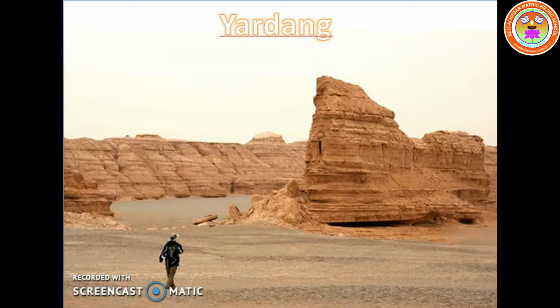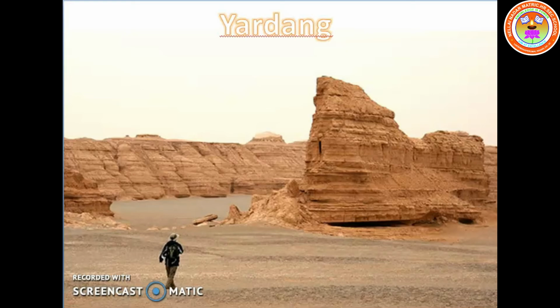These are called yardangs. So yardangs are mostly found in the desert region where the soft and hard layers of rock are arranged vertically. These are the major erosional landforms of wind.